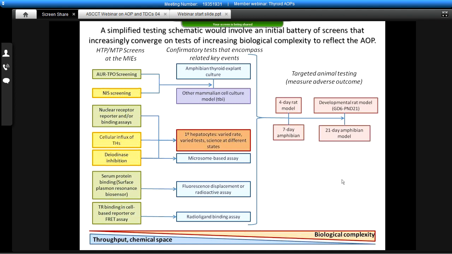So I actually have a separate, more detailed plan of what happens when we screen with the Amplex Ultra-Red TPO assay. What are the follow-up assays that need to be done? How do we deal with negatives, positives, equivocals? And so these decision trees are really important, and I think once we evaluate at least one or two modes of action within this complicated adverse outcome pathway using high throughput screens, it will become more plausible that this could replace the Tier 1.